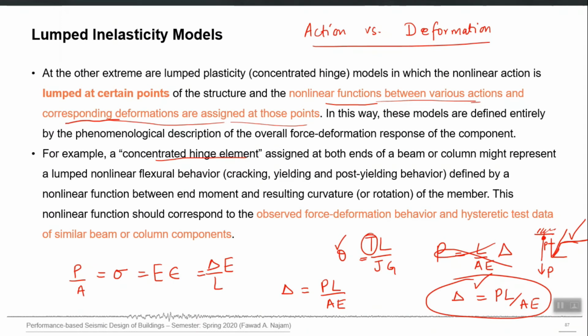It is a point element, and its purpose is just to tell the program that at this location the nonlinear action is lumped and the nonlinear behavior is governed by the action deformation curve given to this particular element, right?